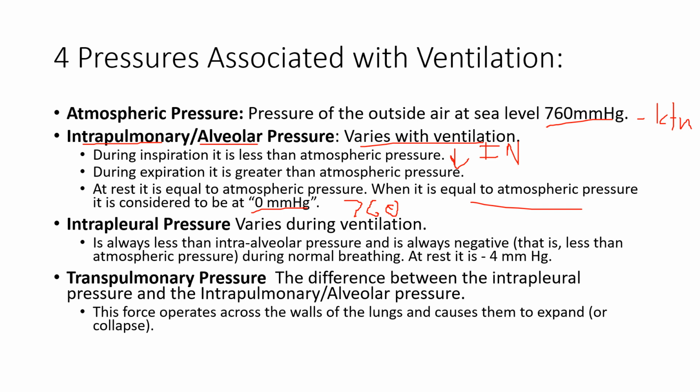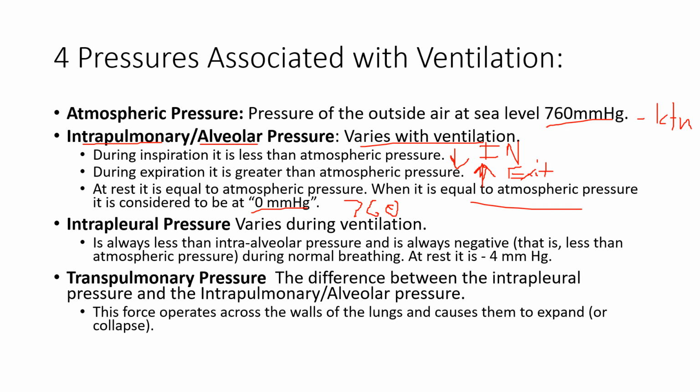During expiration, the pressure in the airways and the alveoli becomes greater than atmospheric, and that helps air exit the lungs. Again, because pressure goes from high to low, it's all about changing those pressures.